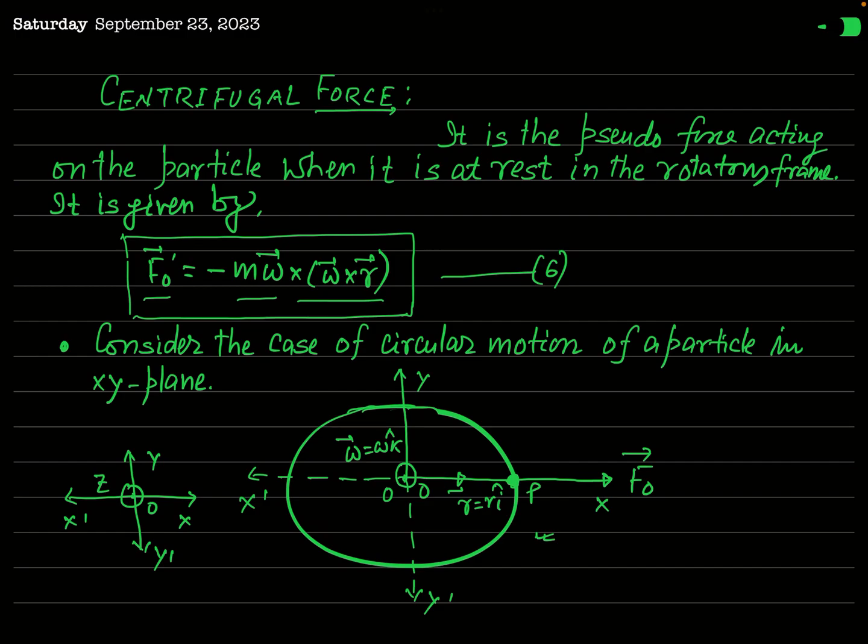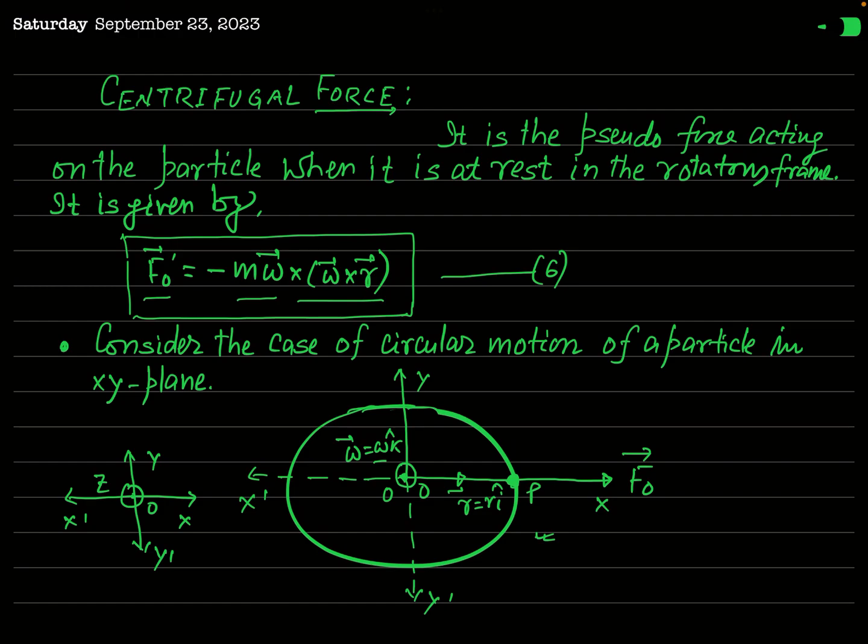And so as the circle lies in the xy plane, you can say that omega will be along the z axis. So I have written here omega is equal to omega k, because k is the unit vector along the z axis. Okay, this is perpendicular to this plane.